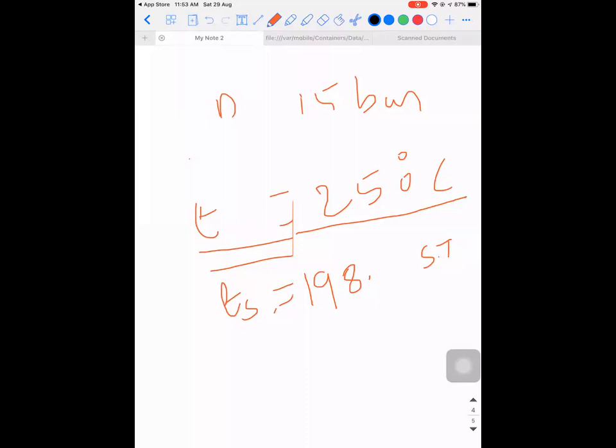Check it once again. Otherwise, you type on chat. Please type on chat.